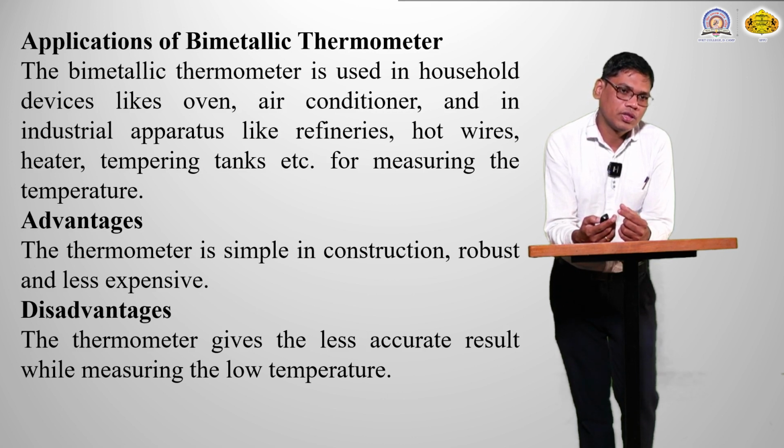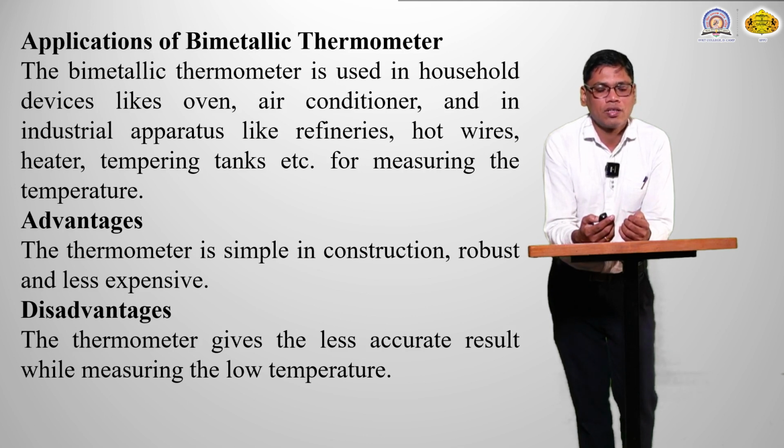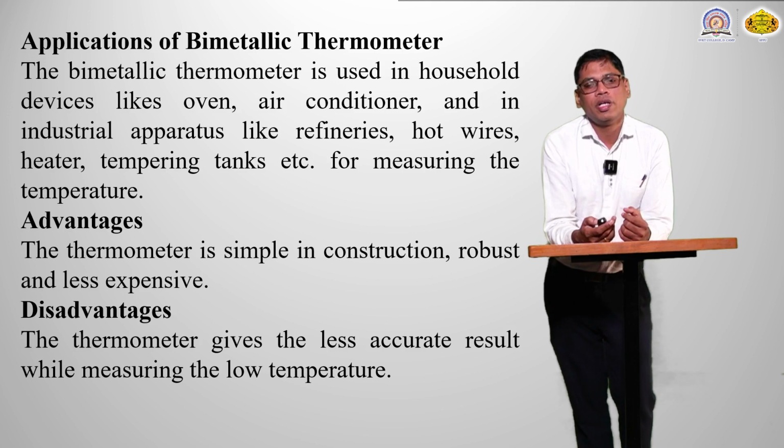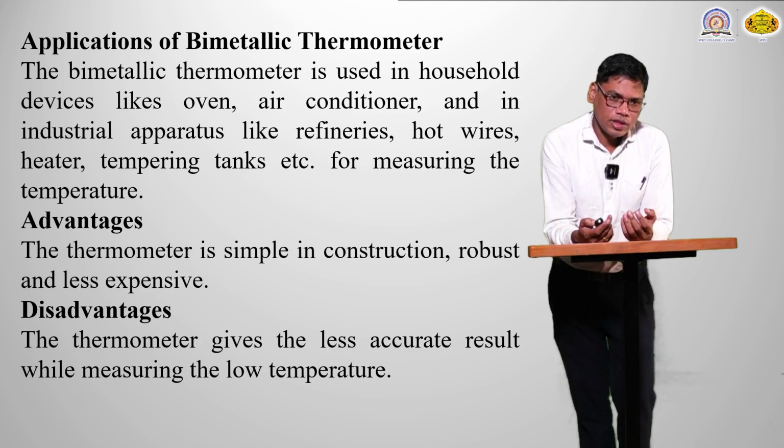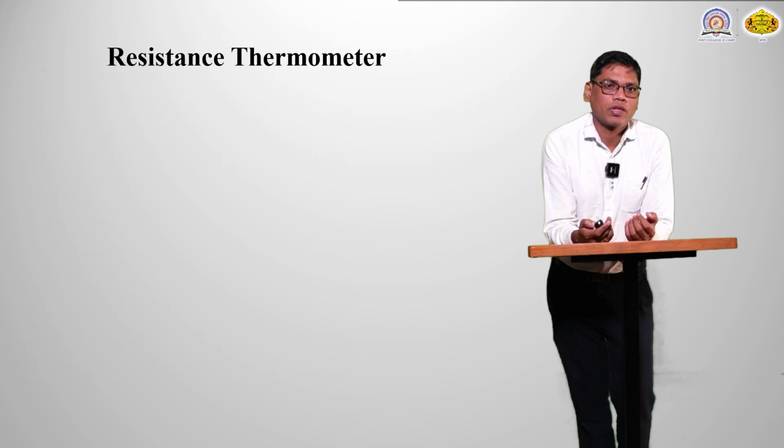Advantages of such thermometers: they are simple in construction, robust and less expensive. The disadvantage of this thermometer is that it gives less accurate results while measuring low temperature, because at a low temperature the change in the metal's deflection is very low.